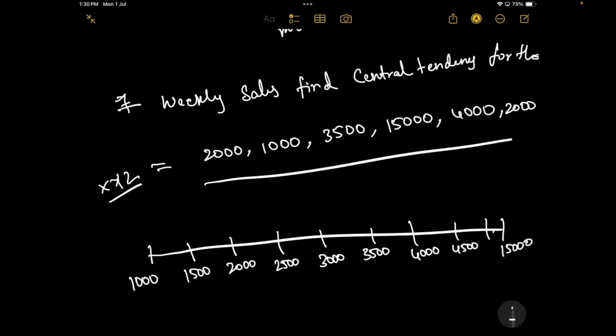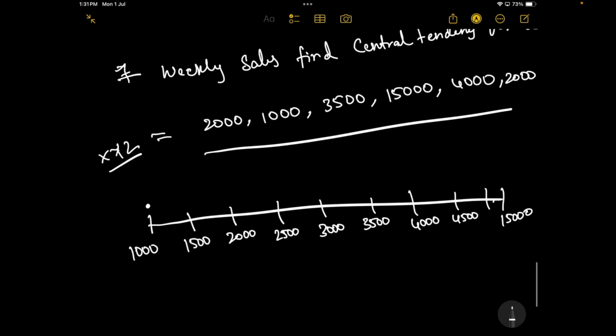If you see, now how we are going to take it: one sale is there at 1000 rupees, and then 1500. Is there any 1500? No. But 2000 was there 2 times.